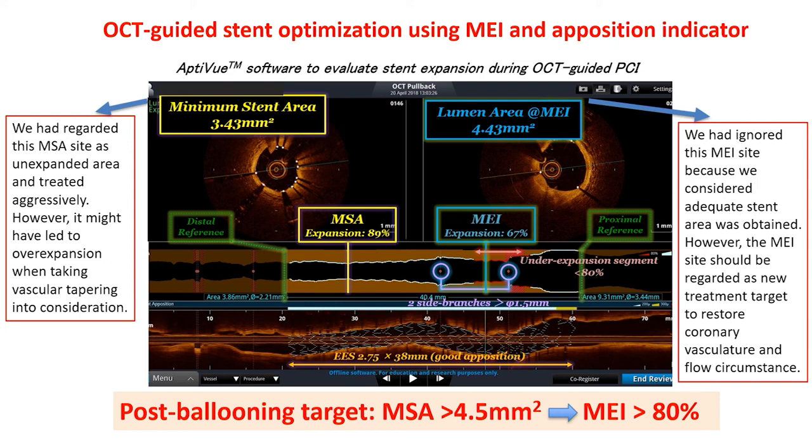Minimum expansion index is 67%, located at the proximal main vessel with a stent area of 4.5 mm², which used to be considered as adequate stent expansion. However, it is inadequate for the proximal main vessel reference, which requires more proximal optimization. Therefore, the target of post-dilation is changed from minimum stent area to minimum expansion index.